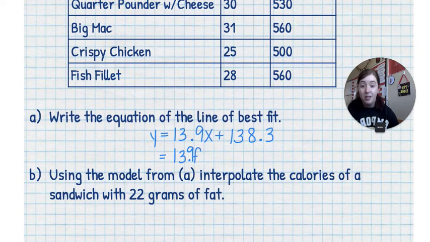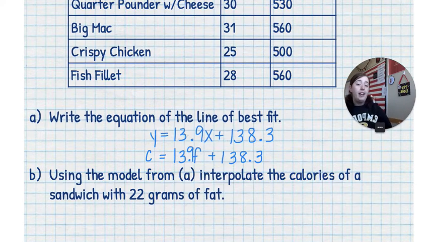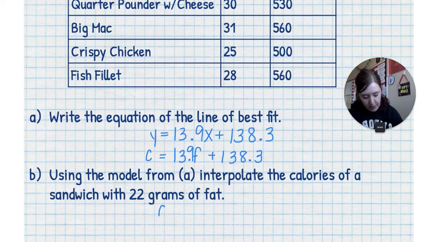So now remember, grams of fat was my x's. Calories was my y. So if I want to interpolate the calories of a sandwich that has 22 grams of fat, we'll plug in 22.